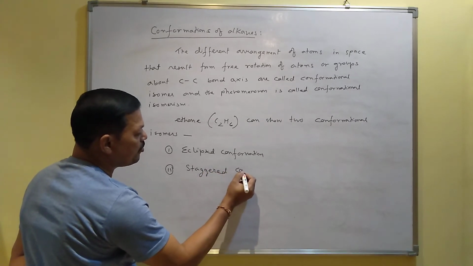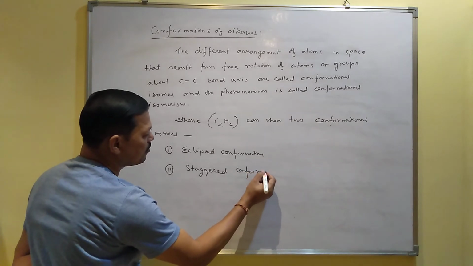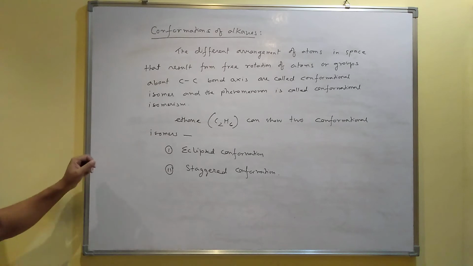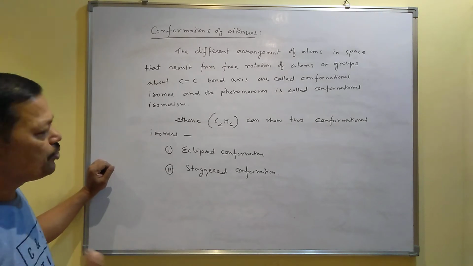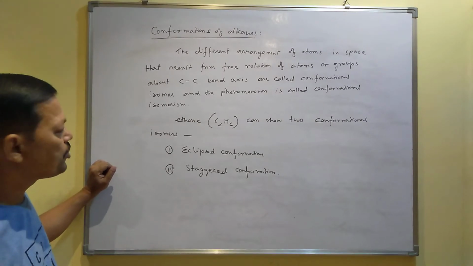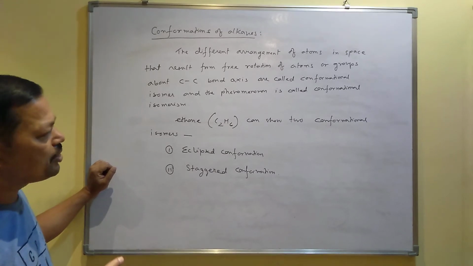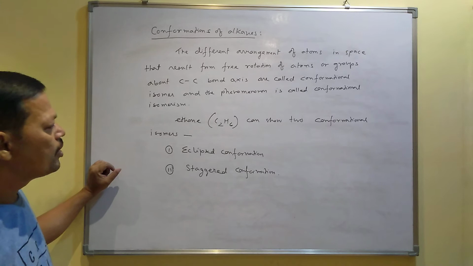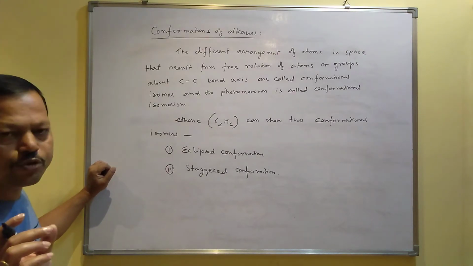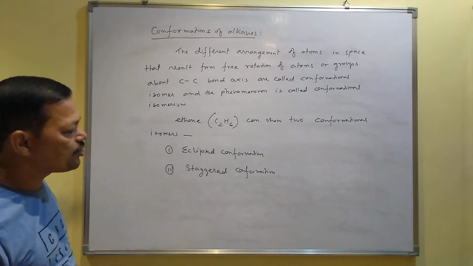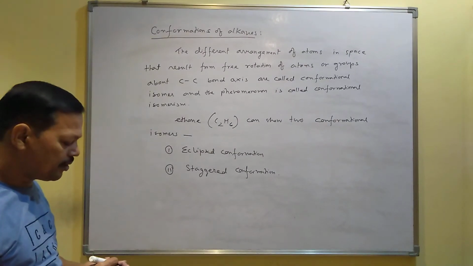Like ethane, butane also can show some conformational isomers. So first I will show you the ethane conformations, how ethane can show the conformational isomers. Ethane can show only two types of conformational isomers. One is called eclipse conformation and one is called staggered conformation.